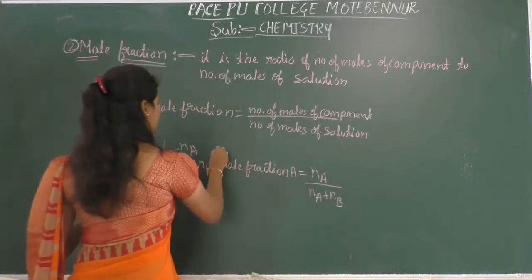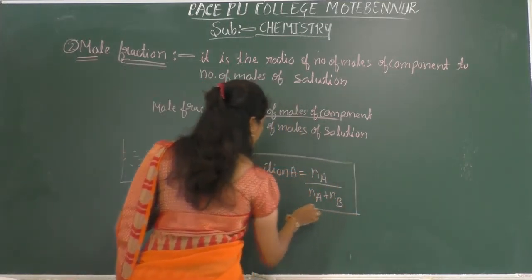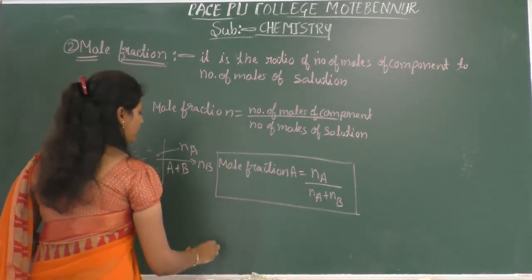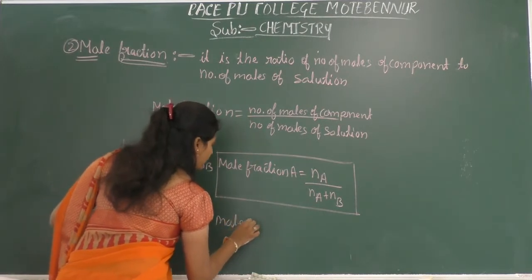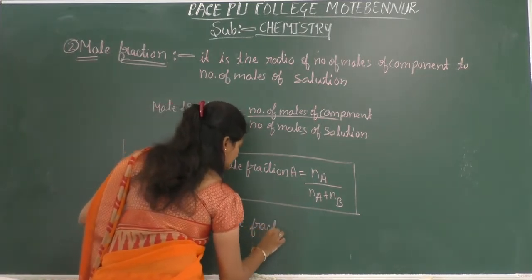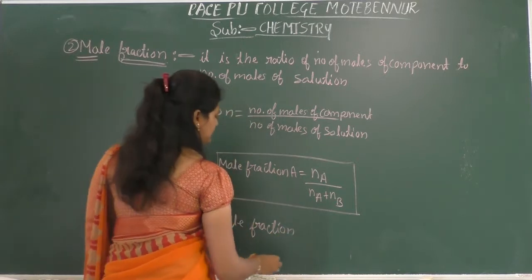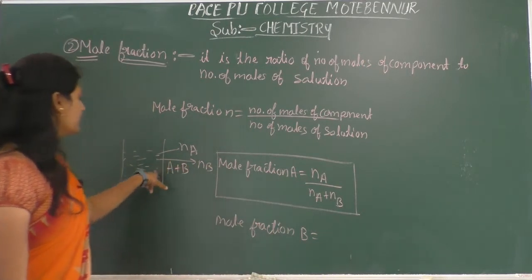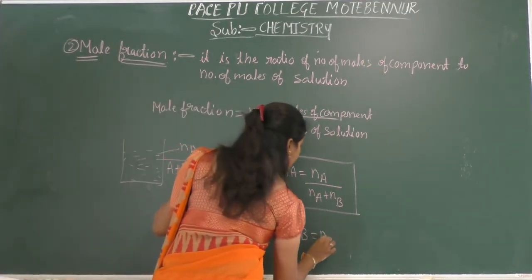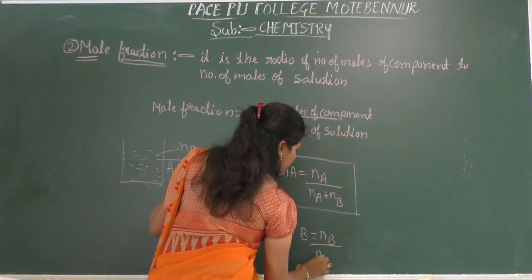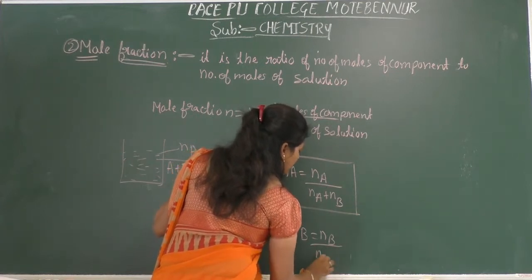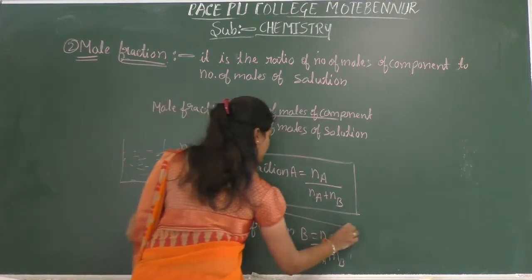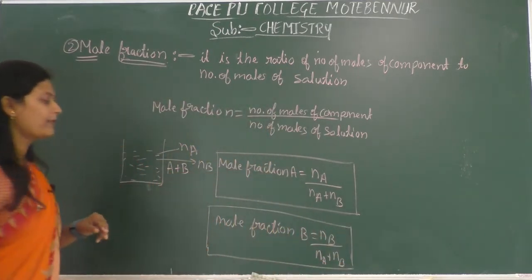So if we calculate this one, we will get the mole fraction of A. Same way if we want to calculate the mole fraction for the B component, we know the number of moles of B, that is NB, divided by the total number of moles of A and B. So this will give us the mole fraction of B.